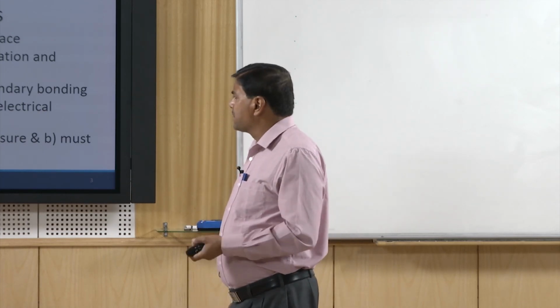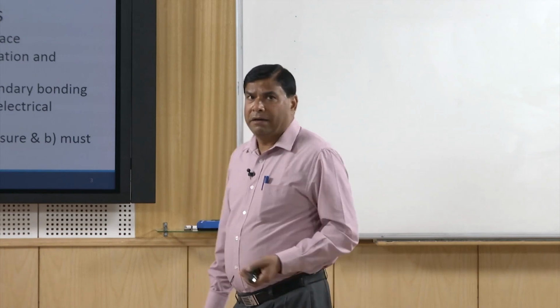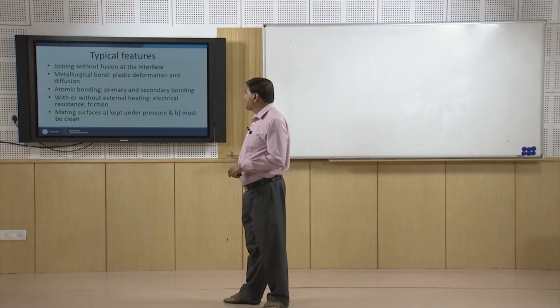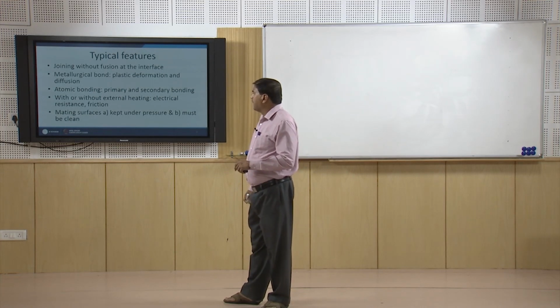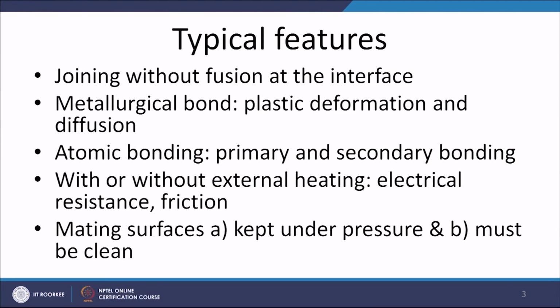Secondary bonds are like hydrogen bond or the van der Waals forces. This solid state joining can be achieved with or without external heating. If the external heating is applied, then there can be different ways: through electrical resistance heating, friction welding, induction effect, etc.